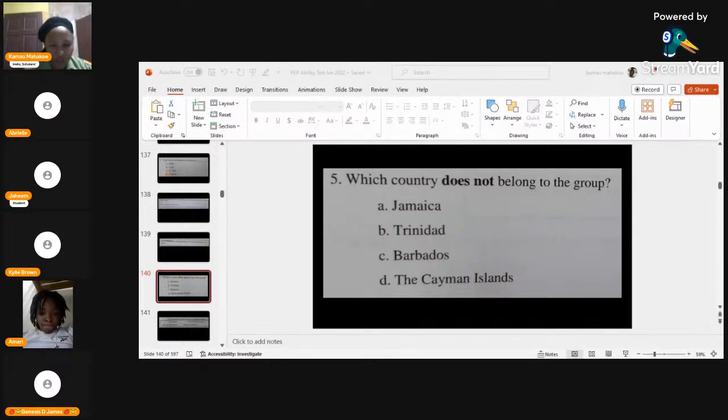So the thing with the Cayman Islands is it is not yet a fully independent nation. It's still partially governed by the United Kingdom, right? The others are fully fledged, independent nations.